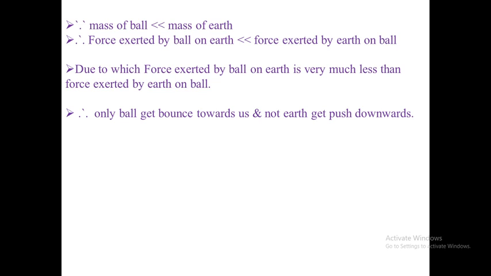Okay, and this is the reason due to which only the ball will bounce back towards the earth and the earth does not get pushed downwards. Okay, so this is the reason because of which the reaction force is greater and action force is smaller. That's why the ball rebounds.